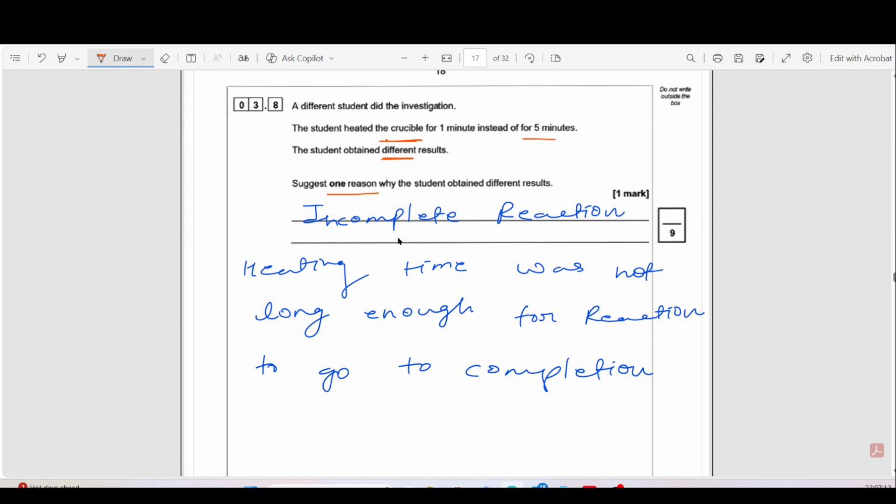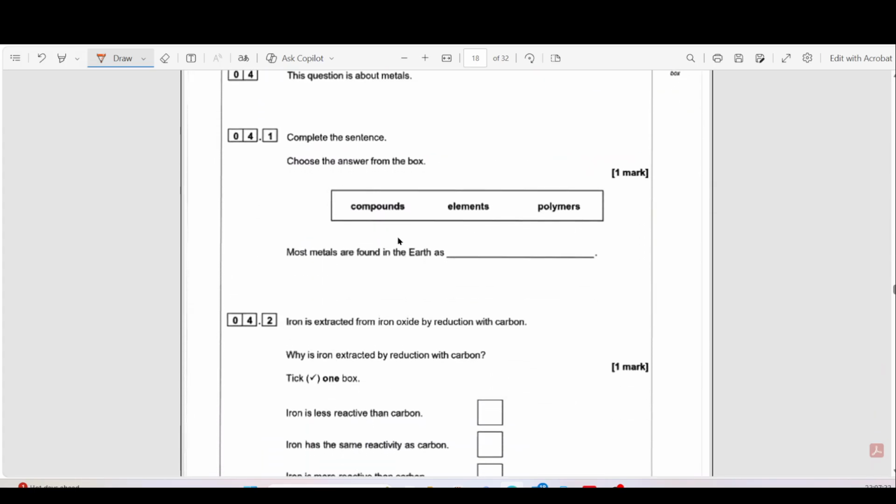So heating for only 1 minute instead of five, it likely didn't provide enough time or energy for the reaction to reach completion. So maybe because of this, not all of the reactant reacted, right? And so this is why you can write incomplete reaction.